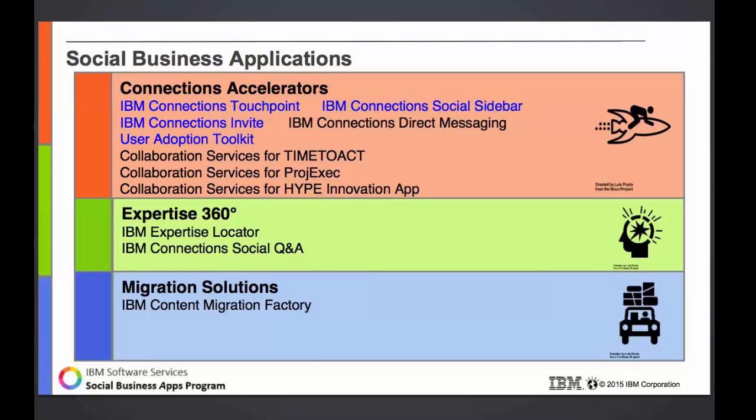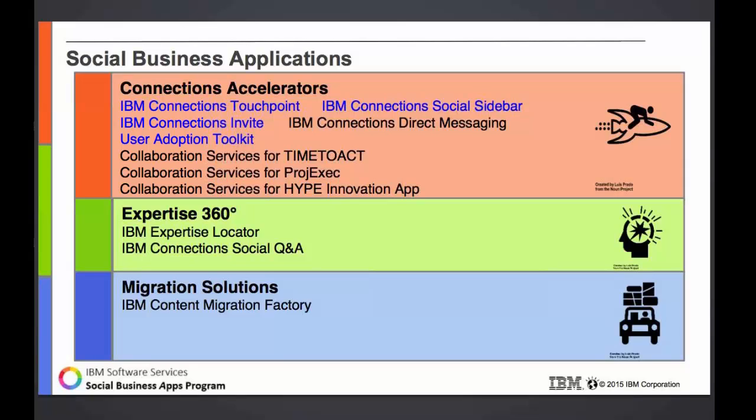That might be a small indicator of expertise, but really use their contributions into the entire organization and the interactions they have with people to identify, to certify them as experts in that area. So expertise locator is a quickly find someone with that topic of expertise. Social Q&A is a question and answer pattern around that. I may not know who to ask or where to ask my question, but I've just got a question. So let me pose it and then have the expertise analytics route that to the proper people and places to get the answer.